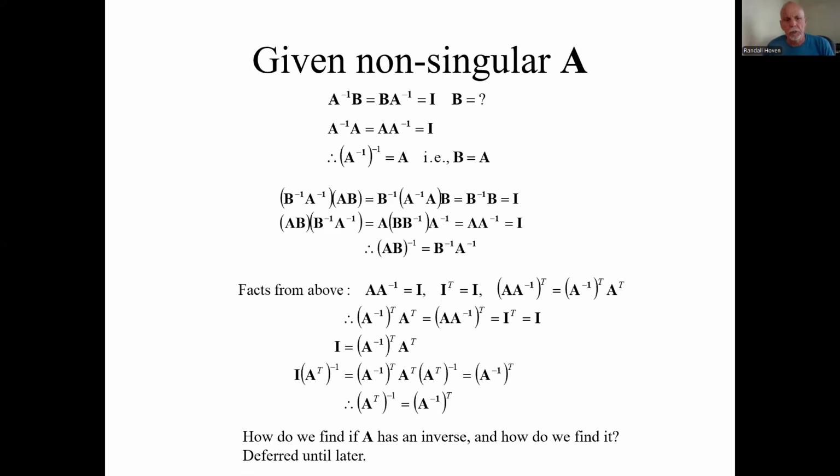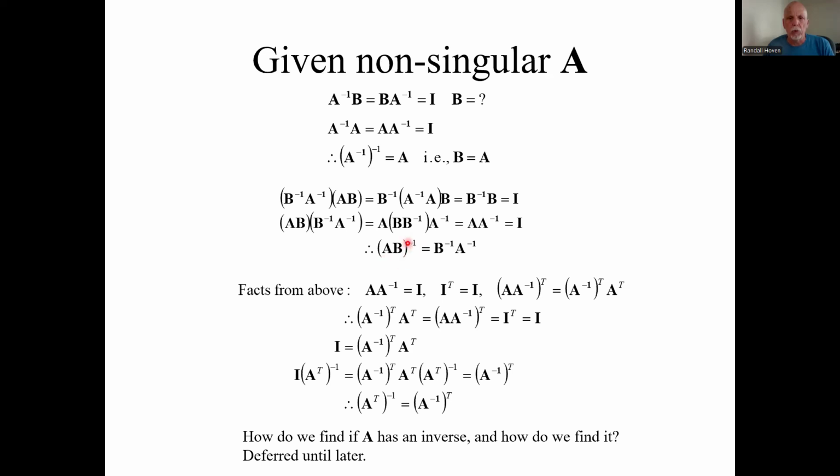Here are some other features. To get through this quickly, I'm not going to go through these little proofs line by line. If you really are interested in the proofs, freeze this chart and look at it for a while. The inverse of the inverse gives you back the original matrix.